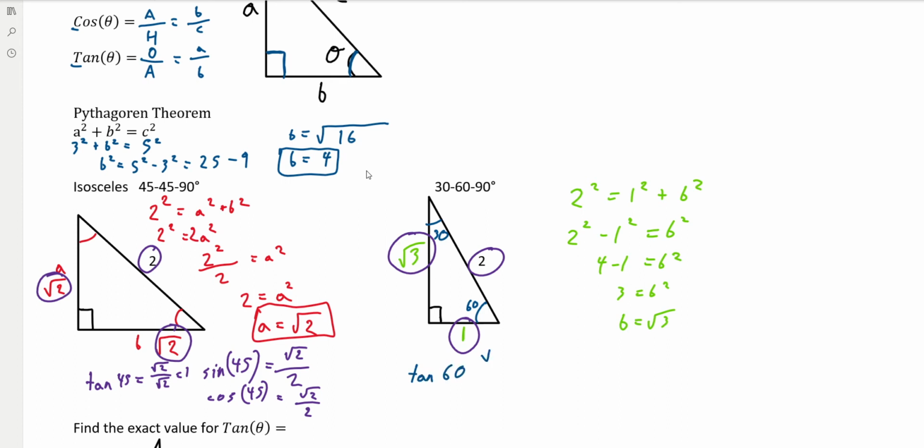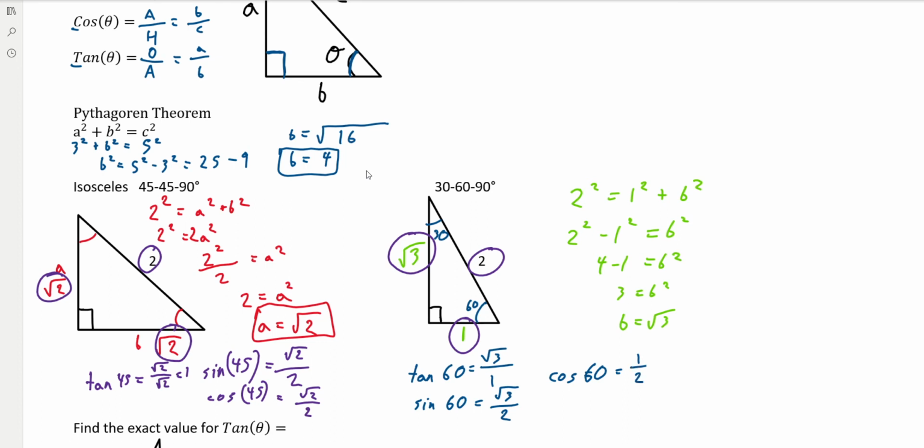Opposite over adjacent would be root 3 over 1. Let's go with sine of 60 is opposite over hypotenuse, root 3 over 2, and cos of 60 is 1 over 2.